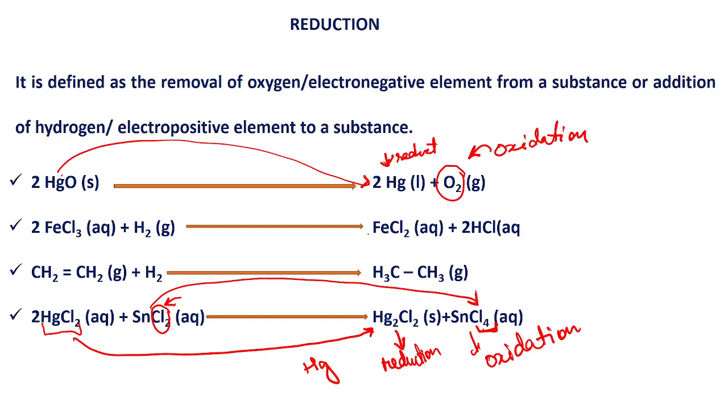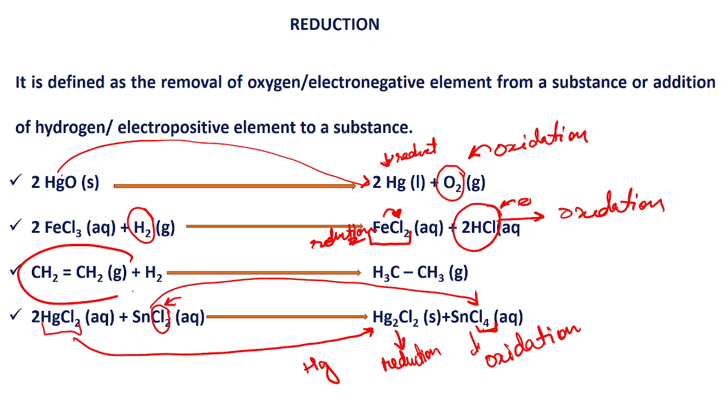Similarly in FeCl2, an electronegative element is removed. But with hydrogen, an electronegative element is added, so in this case you can see oxidation. Here it is oxidation, here it is reduction. In the last case it is already seen.